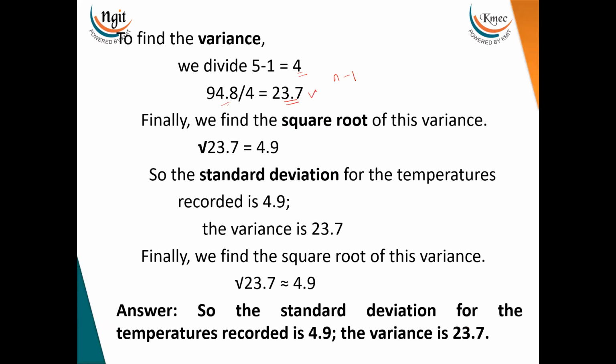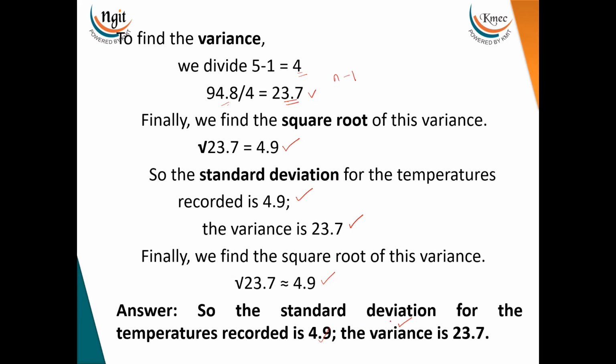This is the variance. Now if you find the square root of this variance, the result will be the standard deviation. So the standard deviation for the temperatures recorded is 4.9 and the variance is 23.7.